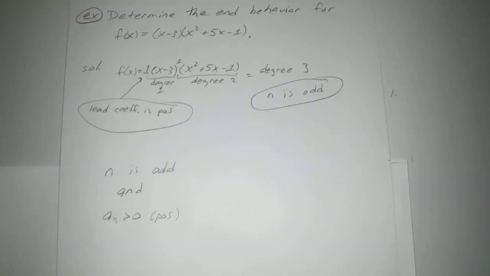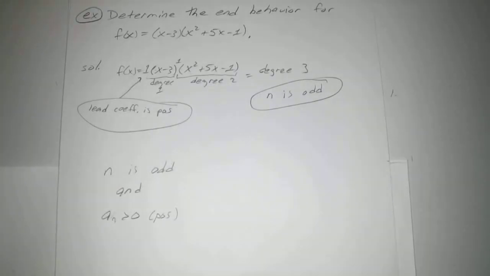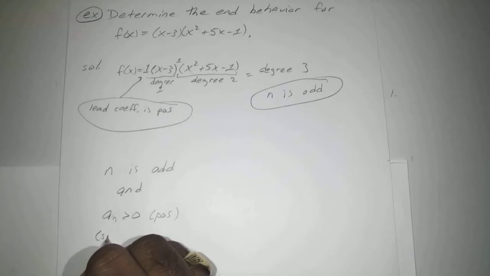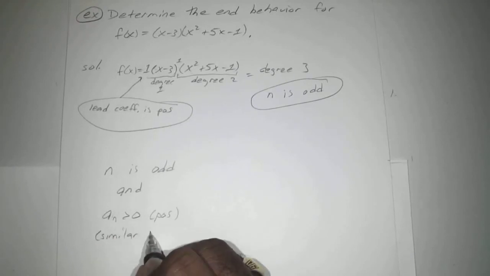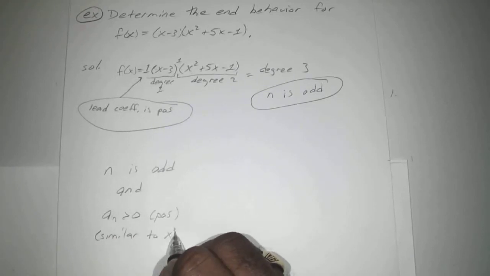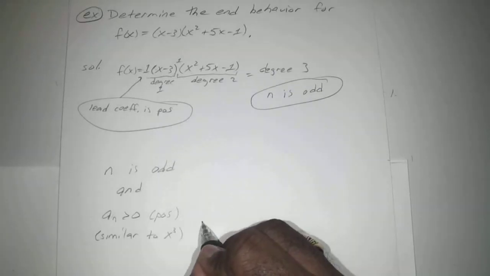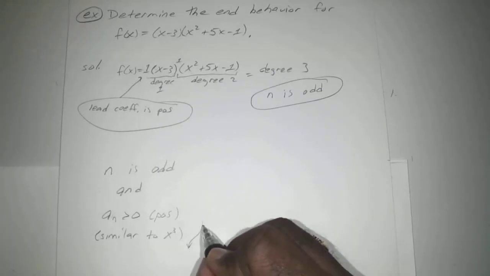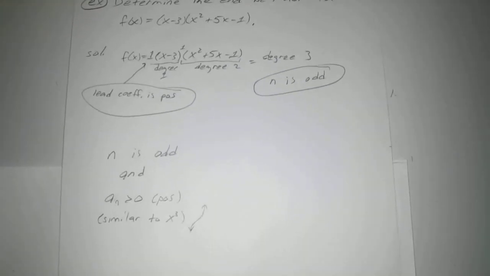And again, that's similar to x to the third power, just kind of written a different way. So if you draw a little graph of x to the third power, it kind of looks like that.